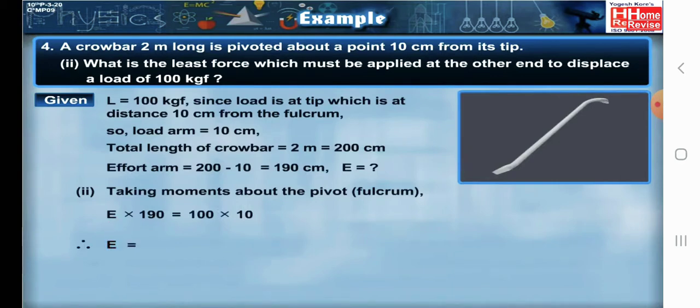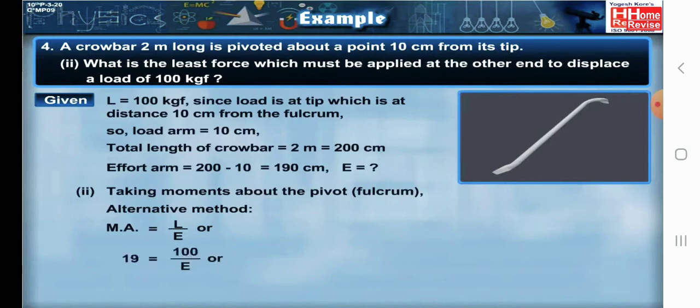Therefore, E is equal to 100 into 10 upon 190, which equals 5.26 kgf. Alternative method, MA is equal to L upon E, or 19 is equal to 100 upon E, or E is equal to 100 upon 19, which equals 5.26 kgf.